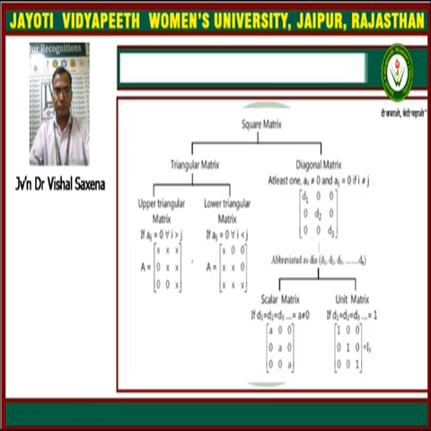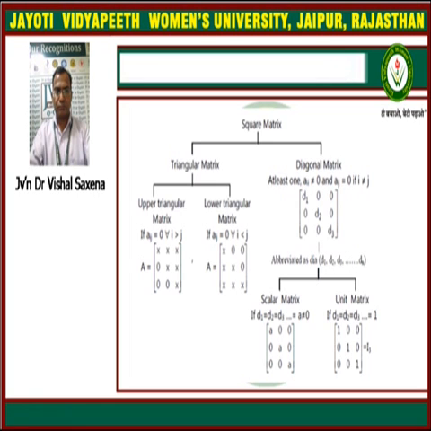In the upper triangular matrix, all the elements below the principal diagonal are 0, while in the lower triangular matrix all the elements above the principal diagonal are 0. So these are the definitions of upper and lower triangular matrix as we can see in the diagram.